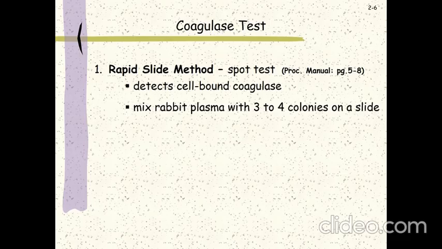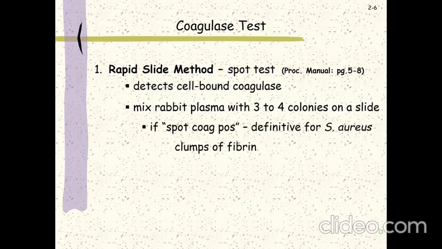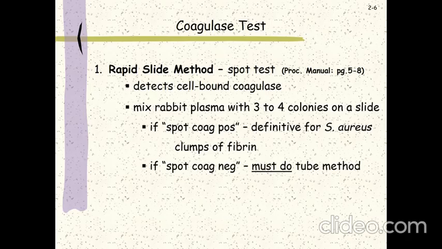Again, I already mentioned this, but here's the part I want you to write down. If it is spot coag positive, that is definitive for Staphylococcus aureus, and you will see clumps of fibrin. You'll see visible clumps, and you won't be able to mix them up. You won't be able to get them to break up. Now, if it is spot coag negative, you must do the tube method, because, again, we can have some that are rapid slide negative, but then tube positive.